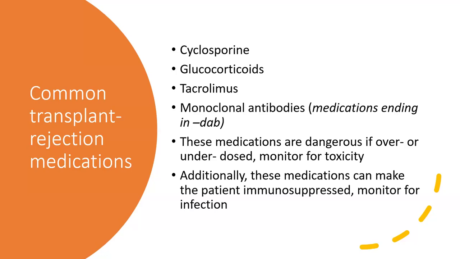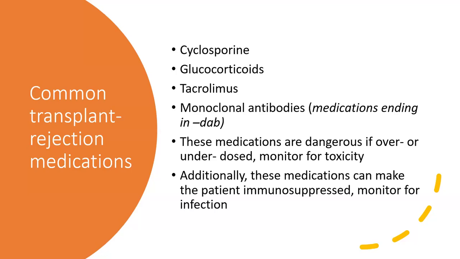And so with this, first is cyclosporin. This is going to be the classic one that you hear when you're talking about preventing rejection. Cyclosporin is a very strong medicine, and what it does is it stops the immune system from working as well. Now, that sounds great for the transplant itself.